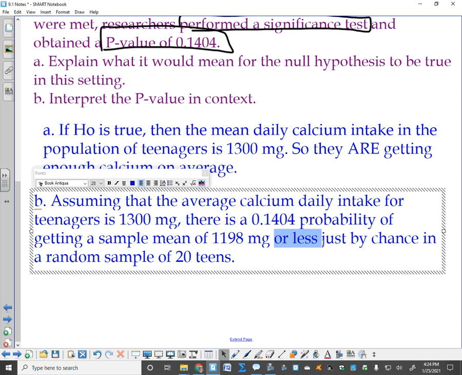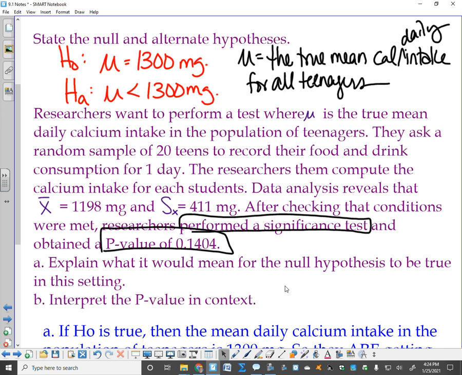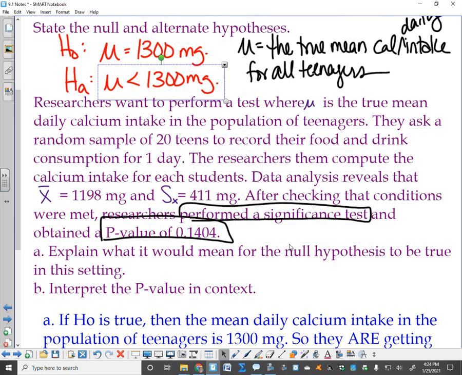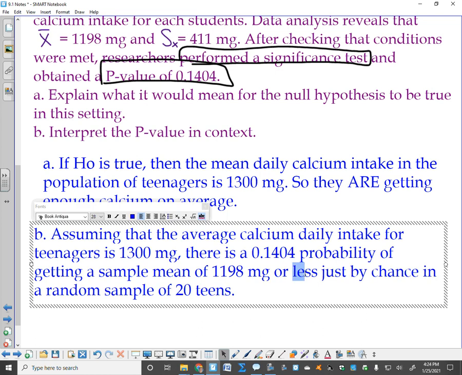And then I added the "or less" because remember that my H sub A was mu is less than. If this was a greater than, then down here would say "or greater."